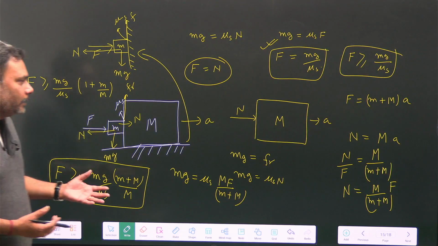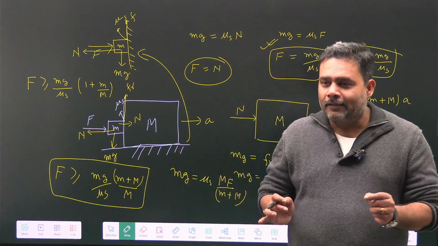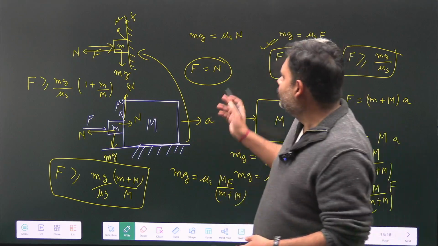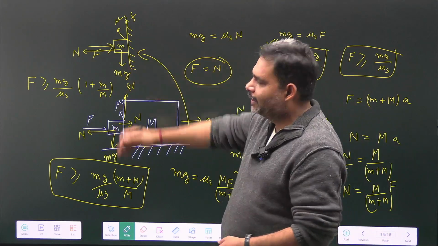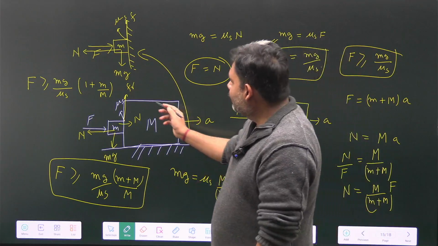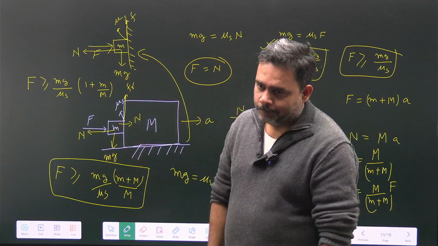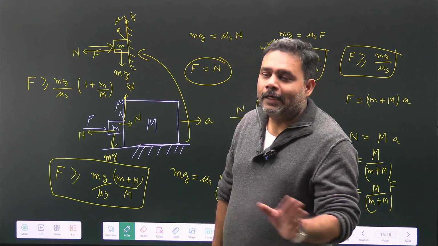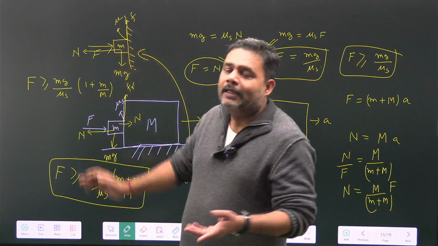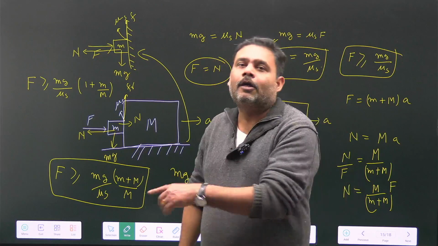In the exam, four objective options come, and by looking at the options you can tell which option we should go towards. If you know this result, this is a very famous result and everybody knows it. What will happen if I assume this mass is infinite, so it cannot move? What is the meaning of infinite mass? If I assume this is a wall, that means an infinite mass which cannot be moved.